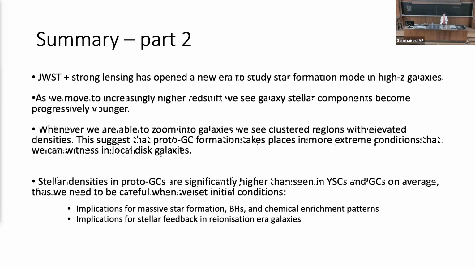So even if you merge them, they will become 10 parsec, a nuclear star cluster. Yes, you have a compact group of star clusters. Yes, but I know that there is a lot more literature and evolution to explain the compact objects. This is just trying to understand really what is happening in this early galaxy. Yeah, what do we see?